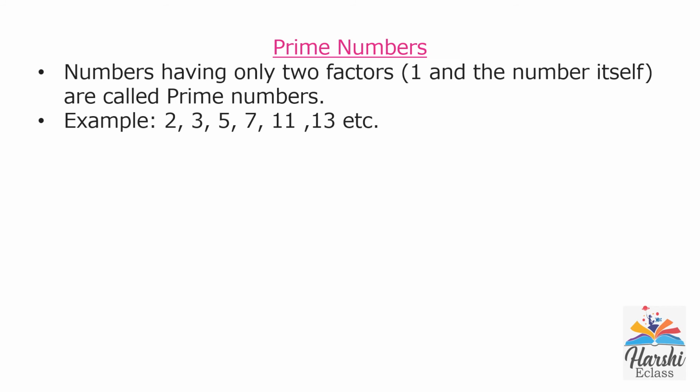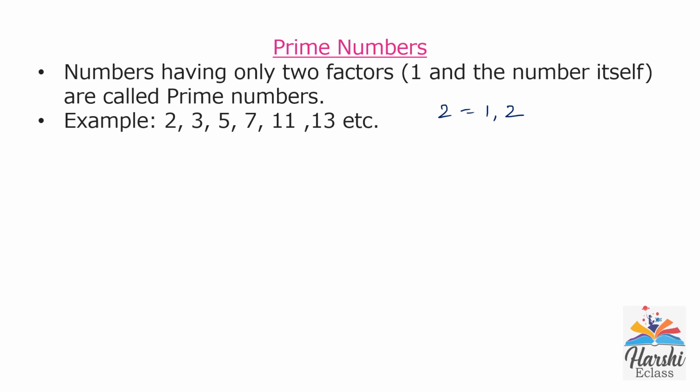Factors of number 2 are 1 and 2. 1 twos are 2, 2 ones are 2. Only 1 and 2 can divide the number 2 exactly.